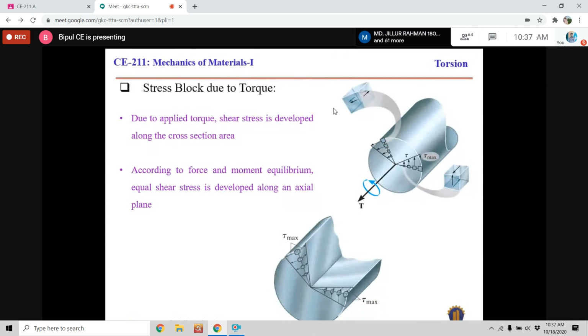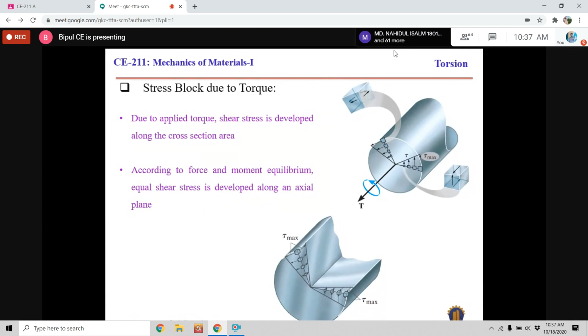So this block will be subjected to another shear stress of the same magnitude, and this is known as a stress block.